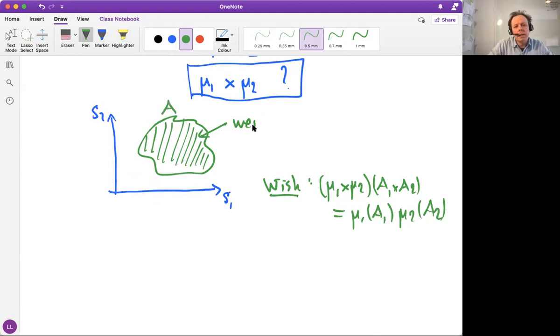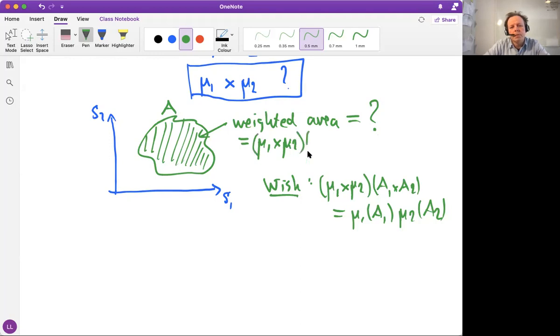Let's call this set A. Somehow this should be the product measure of mu1 and mu2 of A. But how to define it? Have you seen a definition of this sort before? Maybe you have, probably in some previous courses.